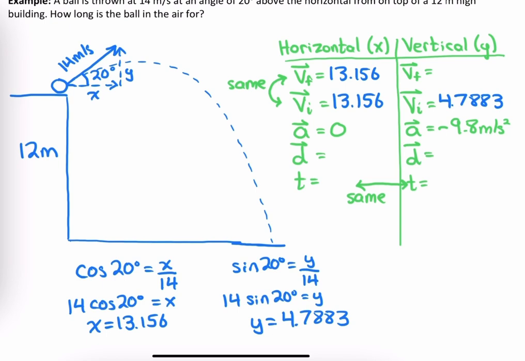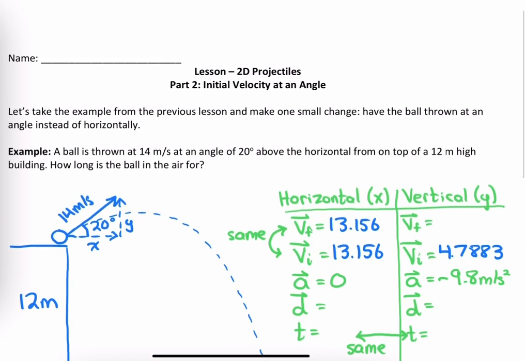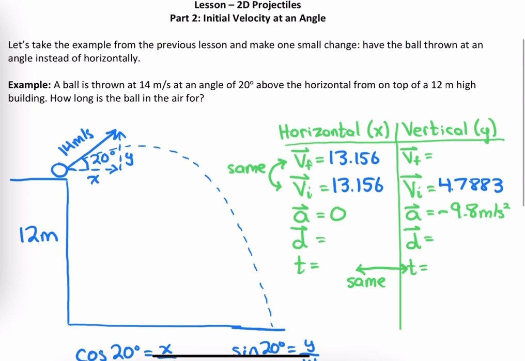Okay, so that is the only new thing you need to know when we're dealing with a 2D projectiles problem where the initial velocity is at an angle. Again, the quick recap is that because we are not throwing this thing completely horizontally, we can't say that all of its speed is in the x direction here. And because it is going up and down at least a little bit, we can't say that this, in the y direction, VI, is 0.